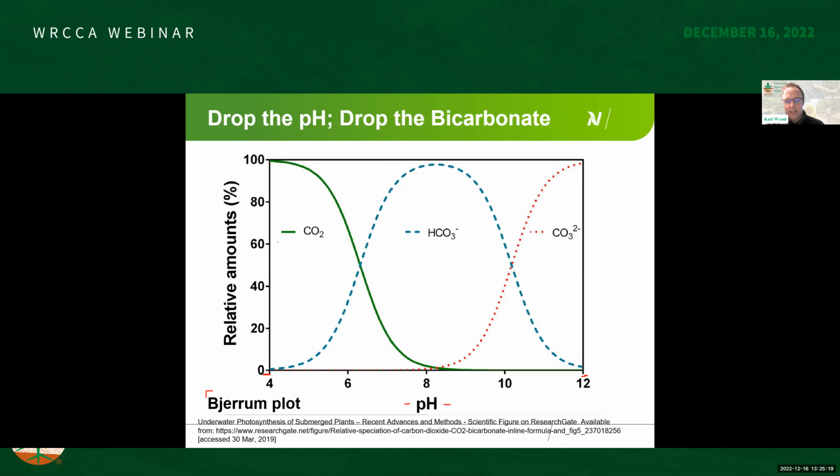What I want you to pay attention to is the different forms of carbon in this water. When you drop your tank mix into an acidic pH, CO2 is the primary carbon species in that spray water, and that's relatively harmless.